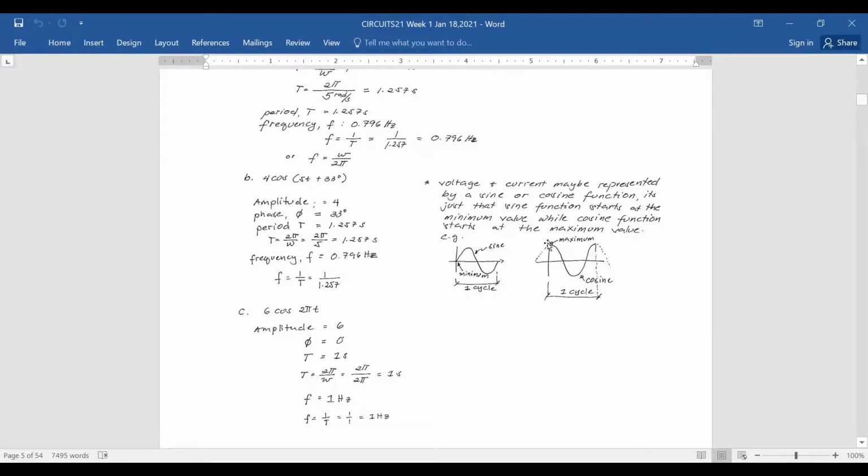If it starts from the maximum, then we can say that our sinusoid is a cosine function. So if it starts from 0, it's sine. If it starts from the maximum, then we can interpret it as a cosine function.